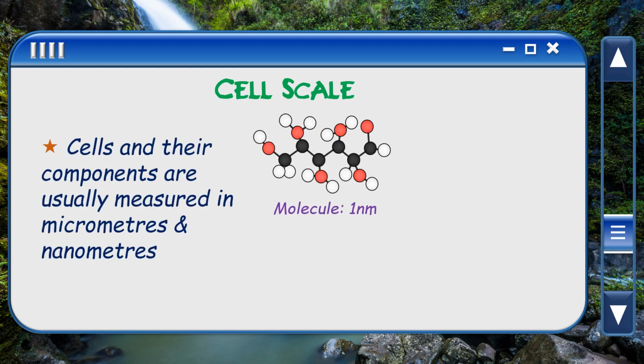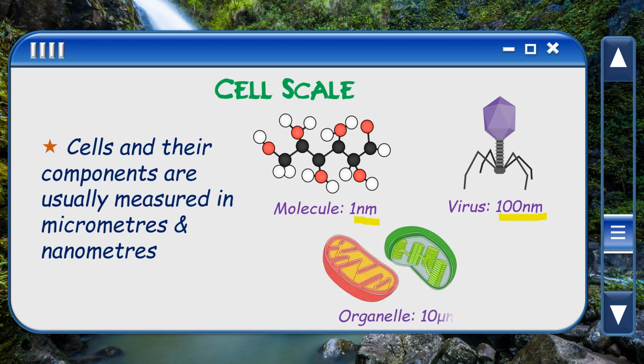Now, when we look at molecules, these are measured in nanometers. A virus is also measured in nanometers, 100 nanometers, meaning that it is bigger than the molecule. Organelles, like the chloroplast and mitochondria, are measured in micrometers, 10 micrometers.